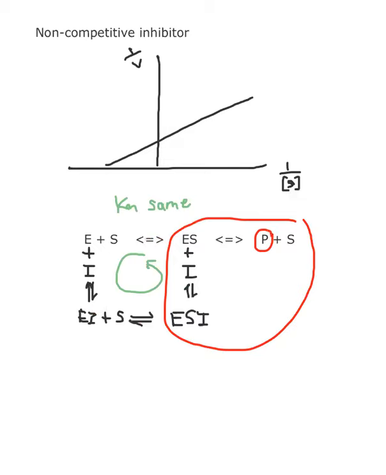So that's why we say that Vmax is decreased. So in the Lineweaver-Burk plot here, you will get the same Km, but lower Vmax. Lower Vmax means that 1 over V is increased. So you get this line when you have the inhibitor here.